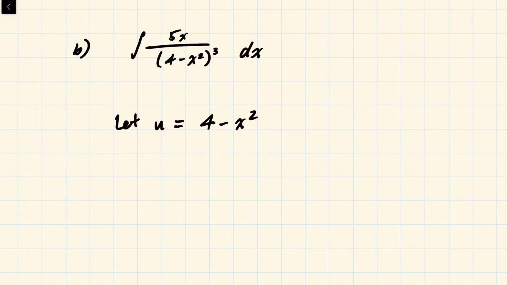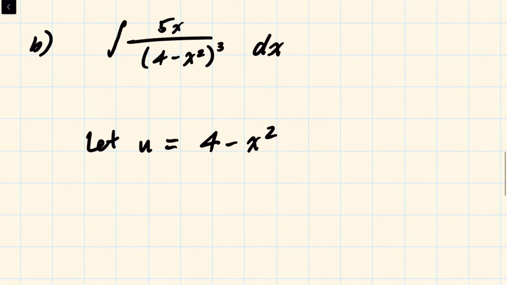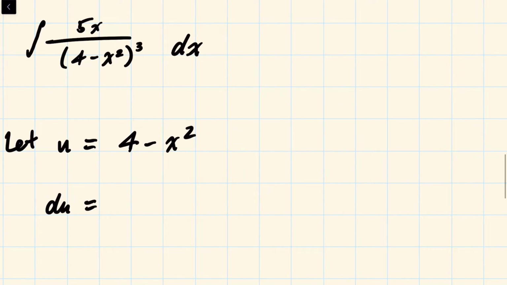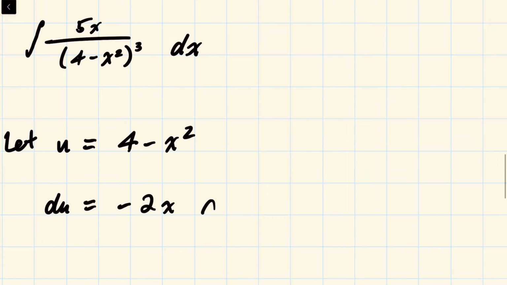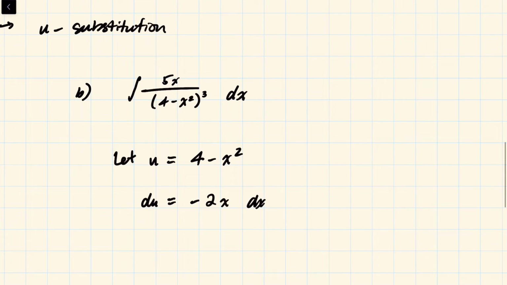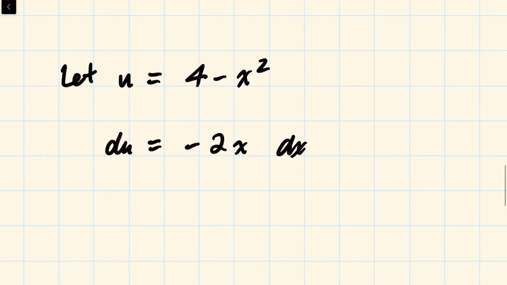If we have this now, and we do what we did before and differentiate both sides, using our differential notation here, we're going to get negative 2x dx. And we can divide both sides by negative 2, or multiply both sides by negative 1/2. So I'm going to do that.